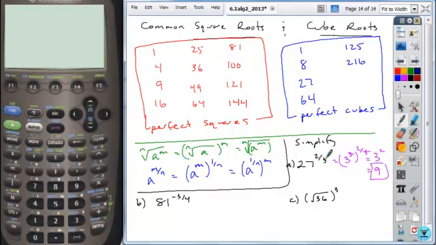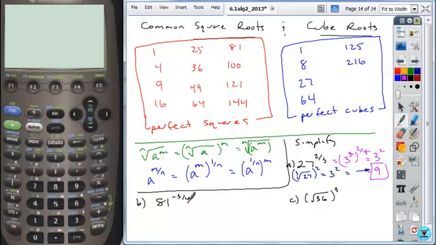So what does the index of 3 represent? What radical? Index of 3 is a cube root. So if you thought of this as the cube root of 27 squared, what is the cube root of 27? 3. 3 squared is 9. And so you can think of it in those forms. You can either leave it as a rational power, or you can convert it into a radical, and simplify it either way.